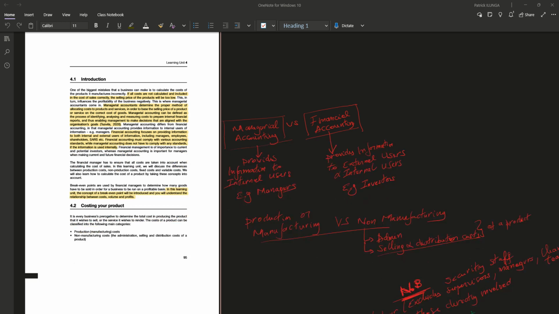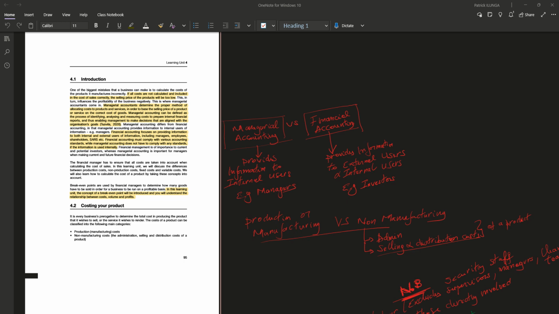And that's what we're going to do in this learning unit: we're going to look at the different costs: production costs, non-production costs, fixed costs, variable costs. And in the second part of this learning unit, we're going to look at the break even point, which is used by financial managers to determine how many goods have to be sold in order for a business to be run on a profitable basis.